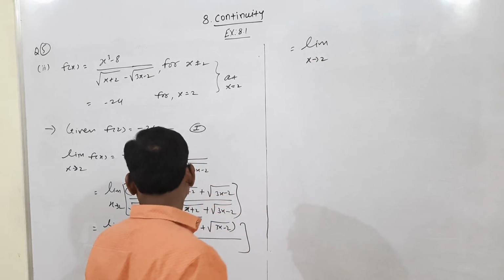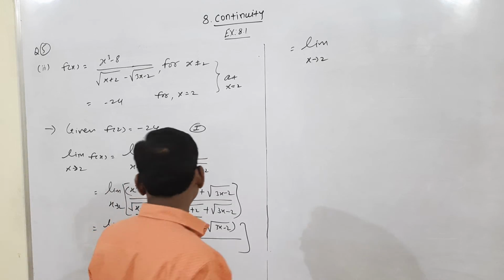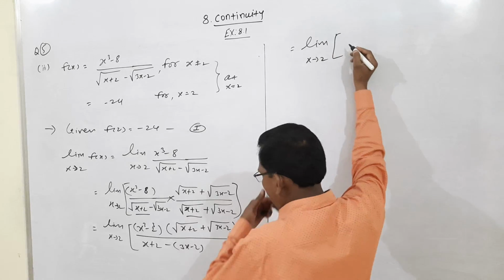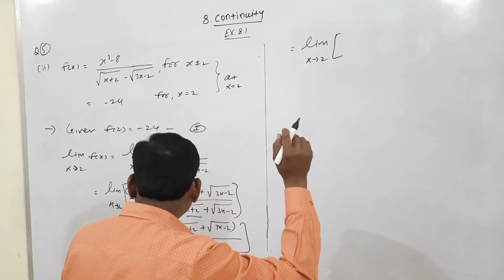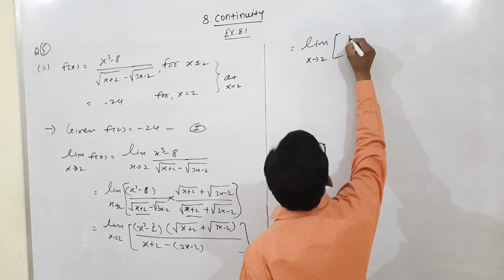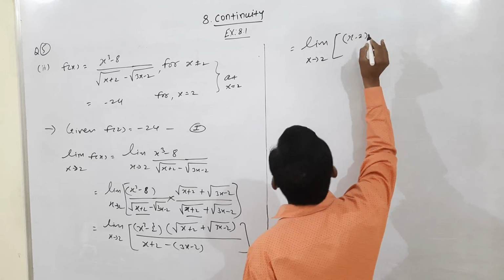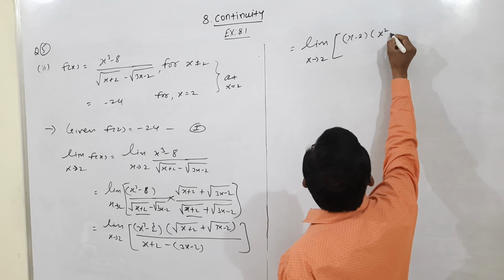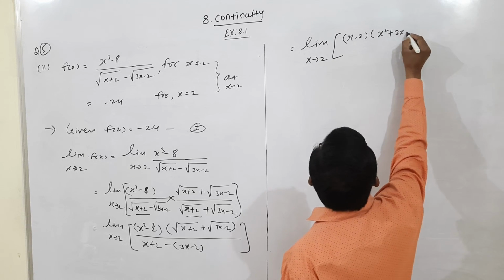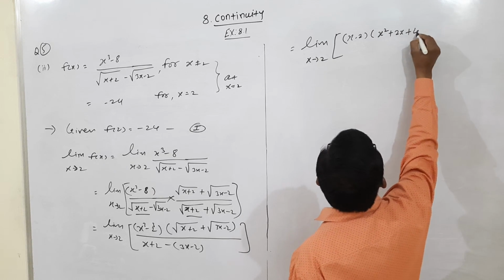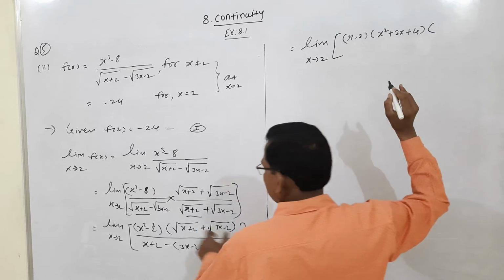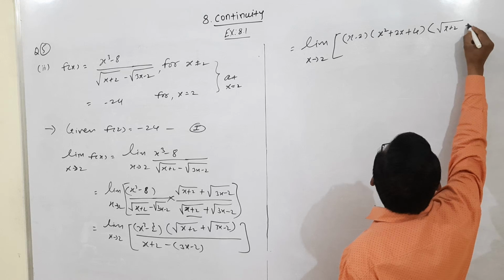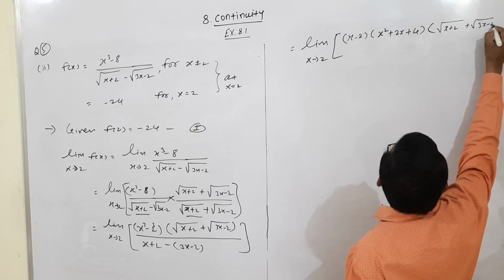Here the factorization of x cube minus 2 cube is like a cube minus b cube. The factors of a cube minus b cube are a minus b, and then a square plus ab plus b square. So 2 square is 4 here, and this irrational term stays as it is: root of x plus 2 plus root of 3x minus 2.